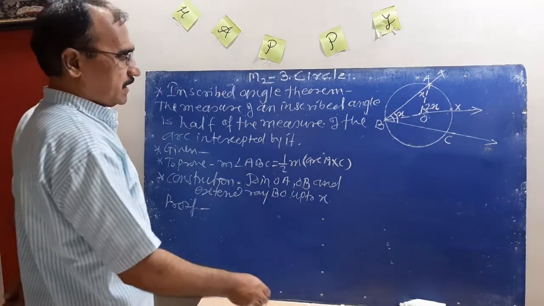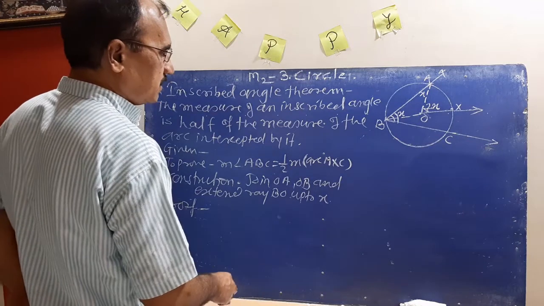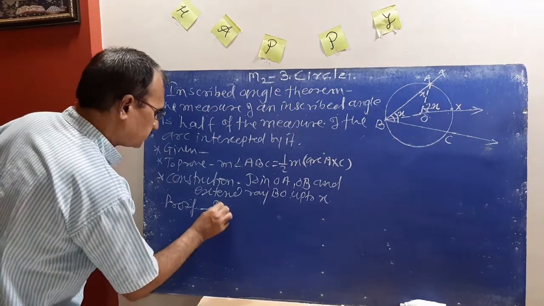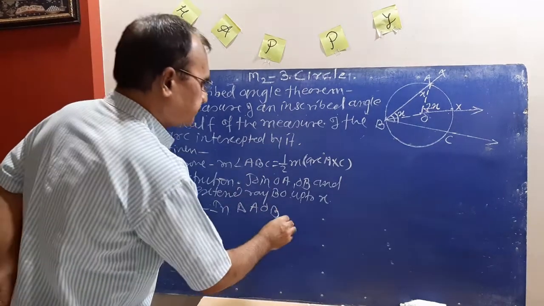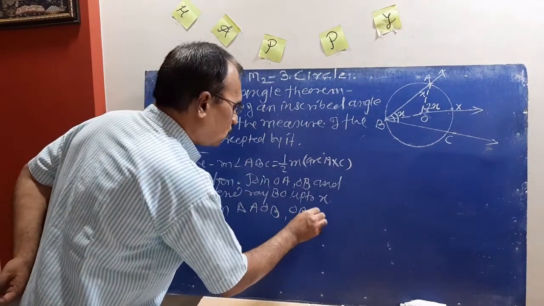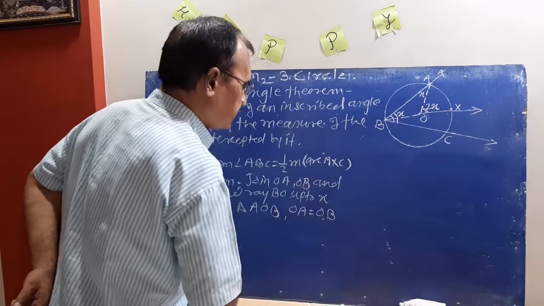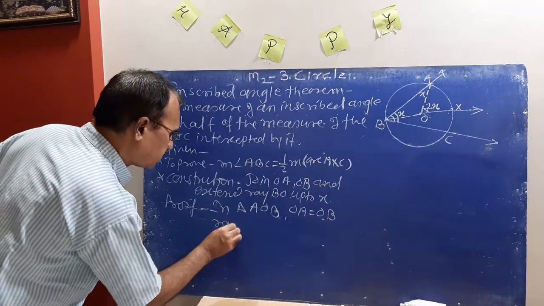See first, in triangle AOB, OA is equal to OB, radii of the same circle.